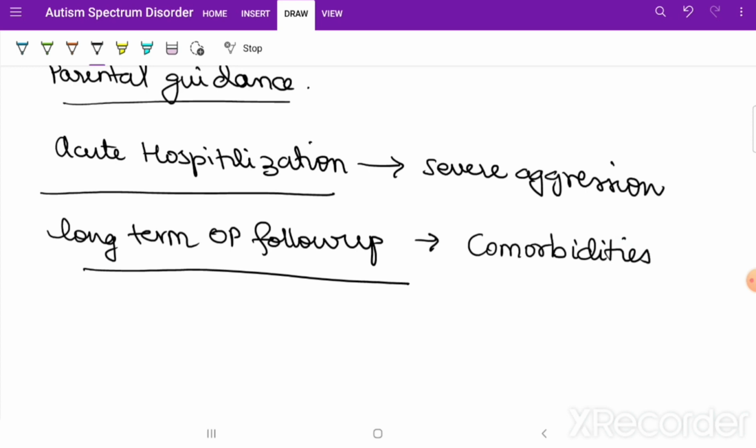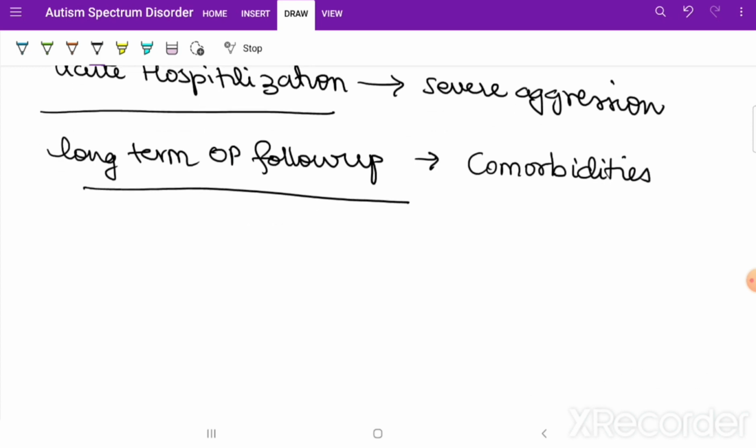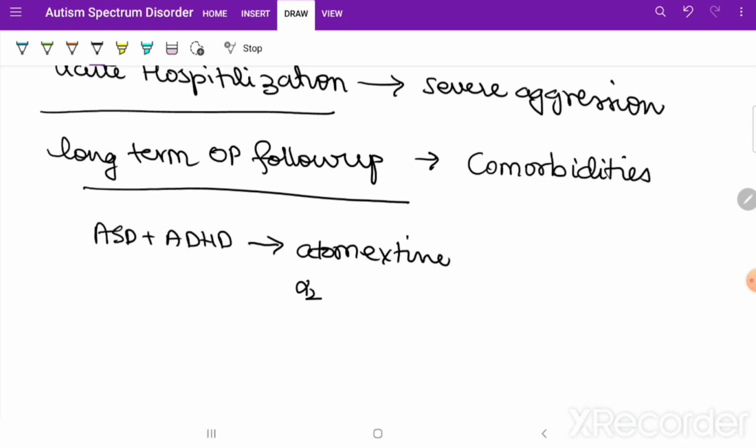A few things I need to mention. If a child is having ASD with ADHD, one may consider the treatment atomoxetine, which is a non-stimulant, or alpha 2 agonists, that is guanfacine or clonidine.